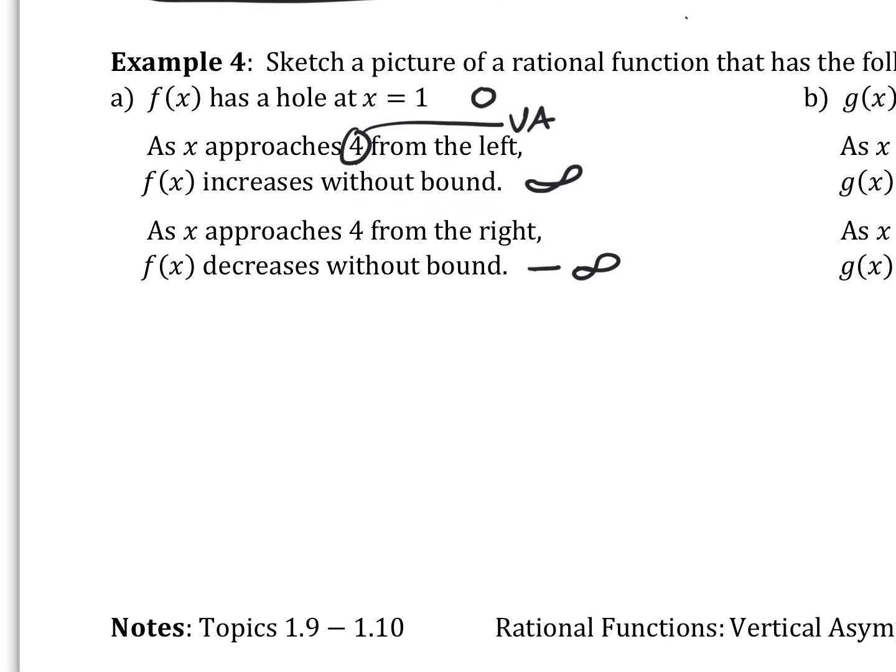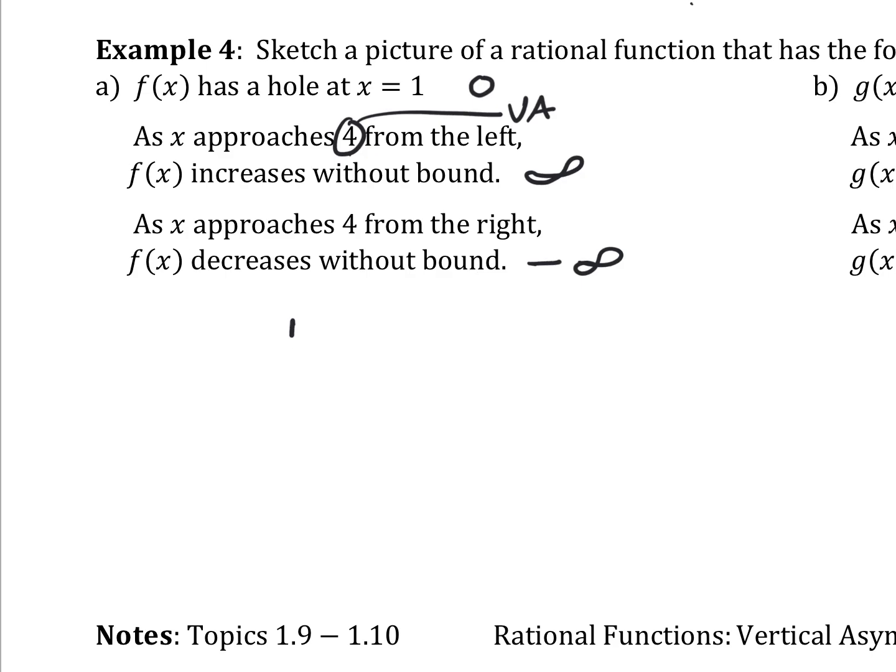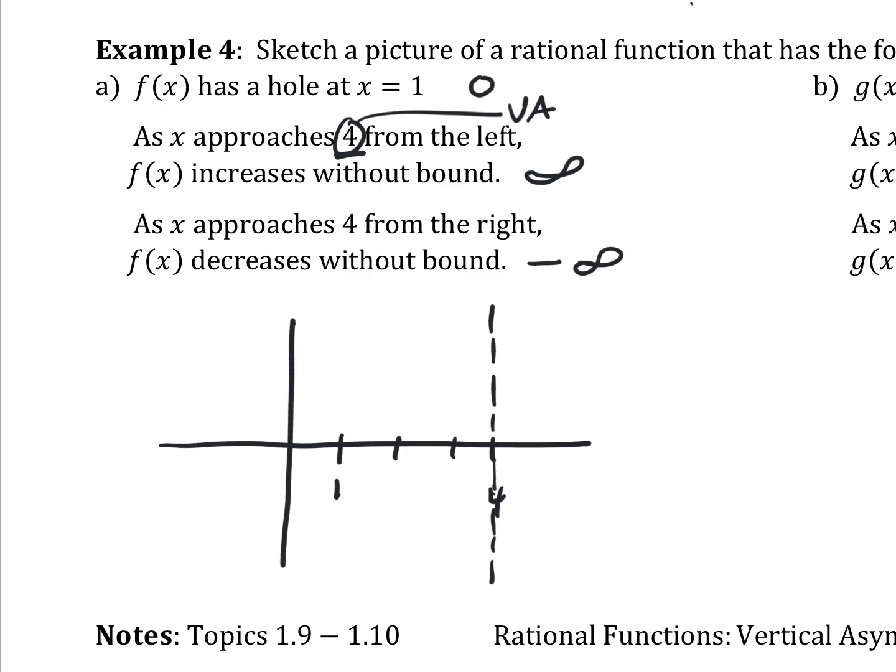So if we're going to graph this, a rough sketch, let's say here is 1. Remember, you have a hole at 1, and it says that the vertical asymptote is at 4. So 1, 2, 3, and 4. This is going to be your vertical asymptote, and as x approaches 4 from the left, f of x increases without bound.